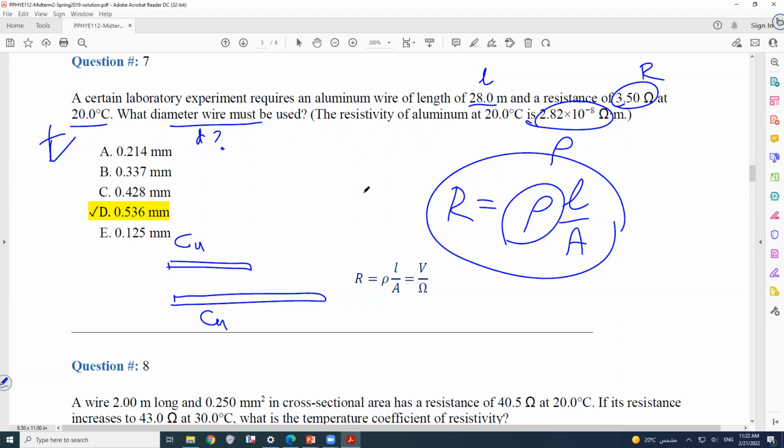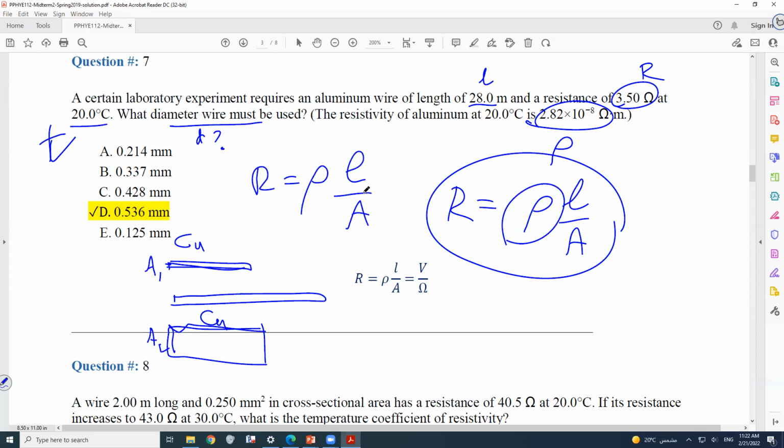larger resistance. Also, if we take the same length but a thick wire, same length as this, but thicker, what is happening here? The area is changing. The resistance is proportional to the length, but inversely proportional to the area. The proportionality constant is rho, the resistivity.